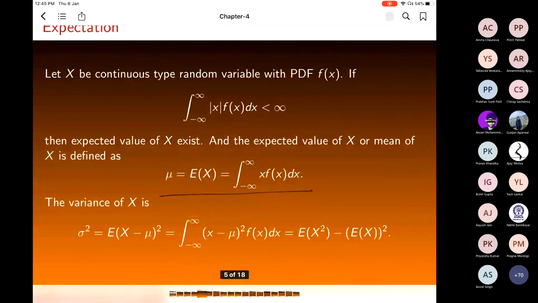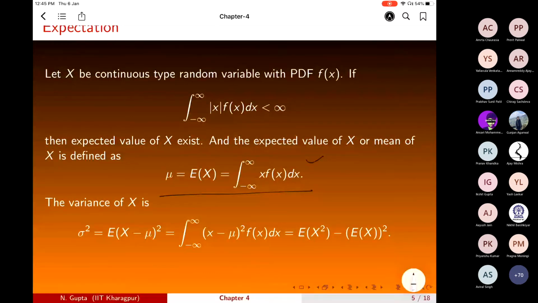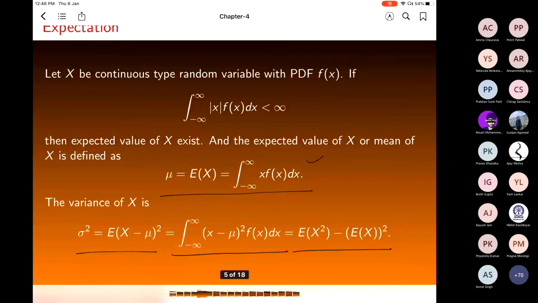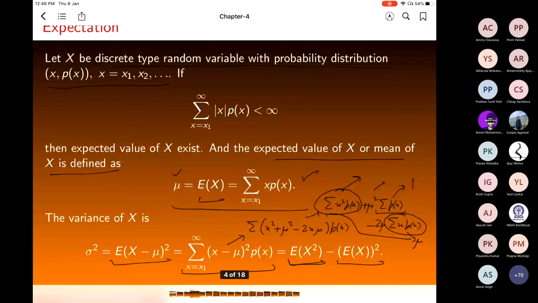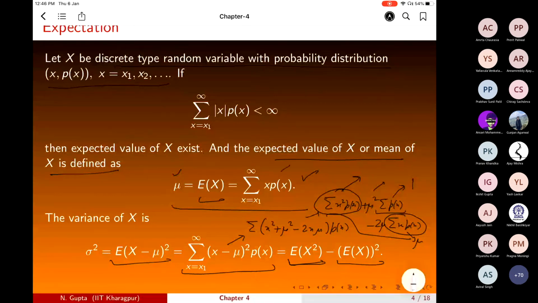Similarly for variance, the expected value of (X minus mu) whole square is the integration of (x minus mu) square fx dx, which is the expected value of X square minus the expected value of X whole square, because instead of px, we now have fx dx.